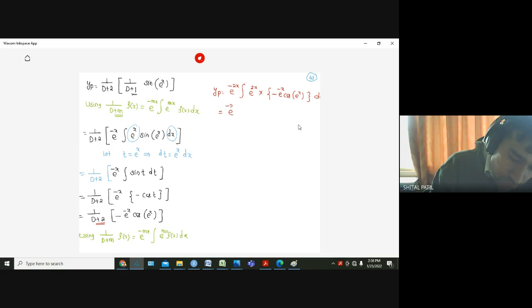So e raised to minus 2x is outside the integral as it is. This minus I am writing here. Then what is e raised to 2x into e raised to minus x? It will be e raised to 2x minus x, addition of the powers. And then cos of e raised to minus x dx. So simplify this.